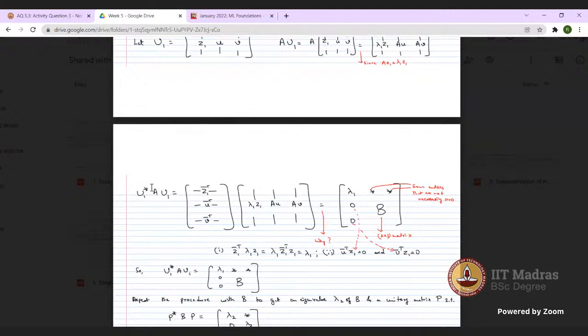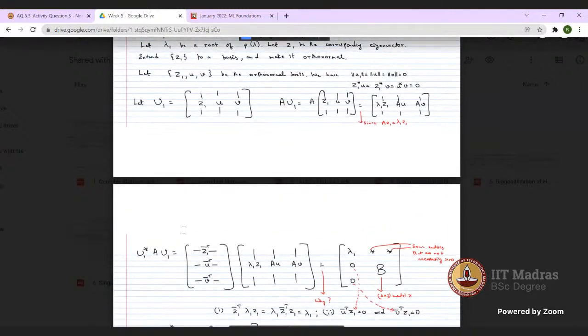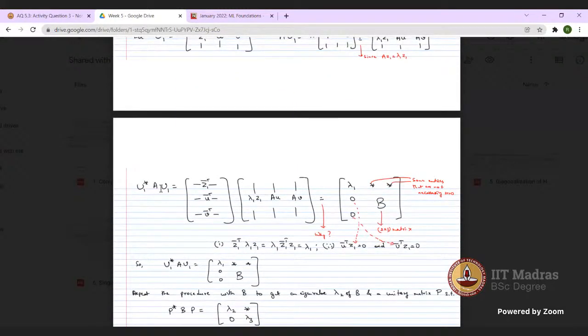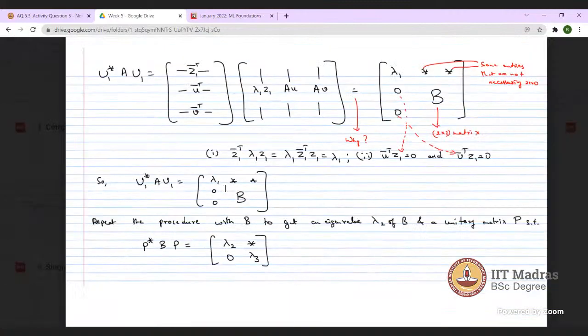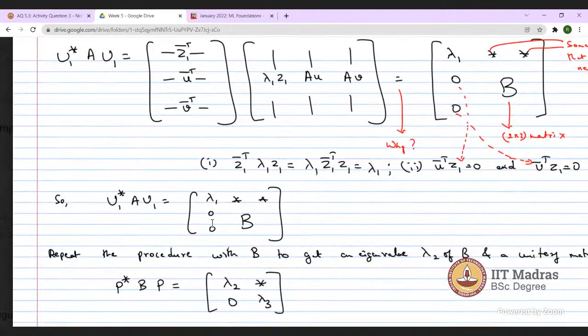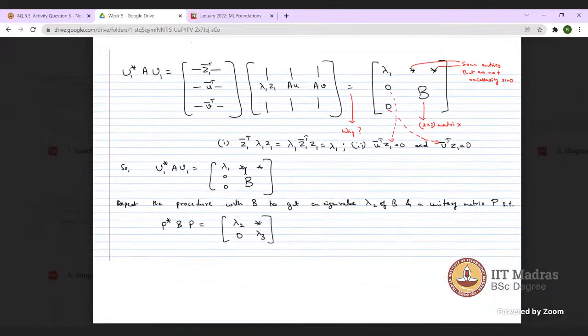Once we have framed that, the professor has shown that U1 star A U1 equals an upper triangular matrix. In the upper triangular matrix, the lower triangular part will be 0, and the star elements need not be 0. That is the whole definition of an upper triangular matrix. Similarly, we can do this for B, which is 2 by 2.